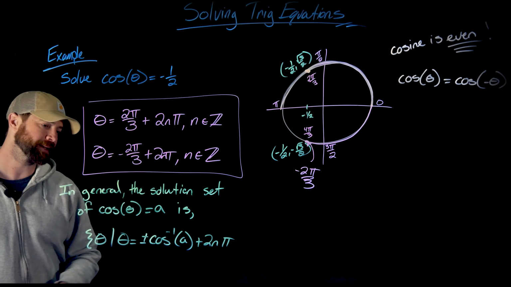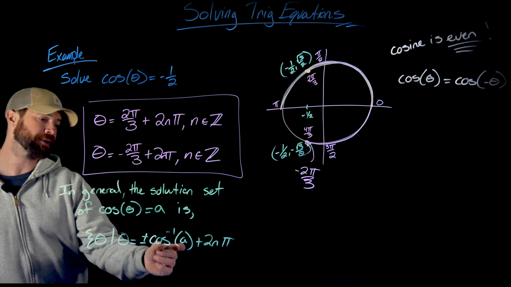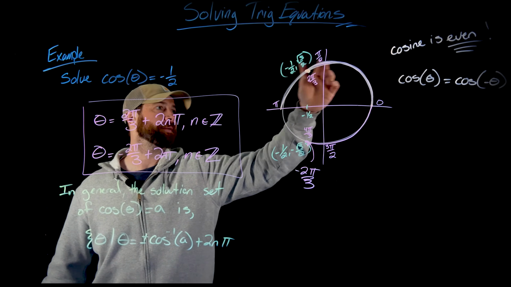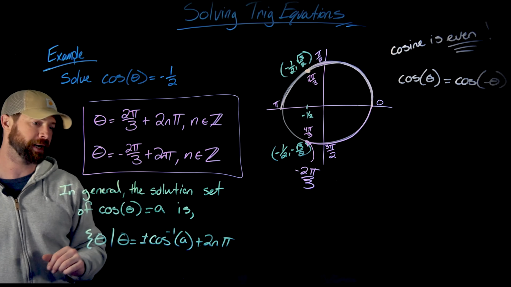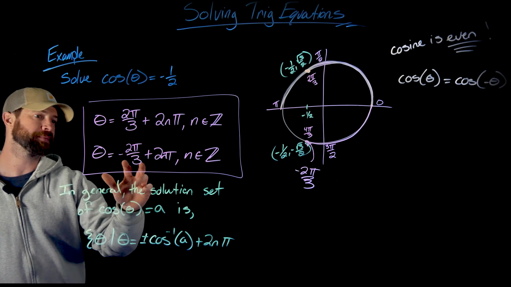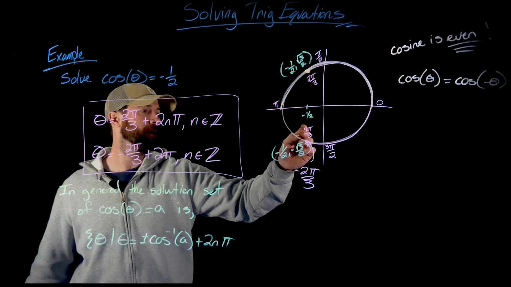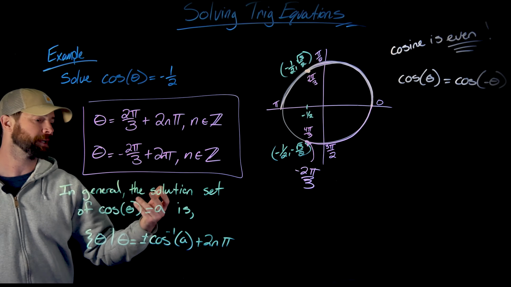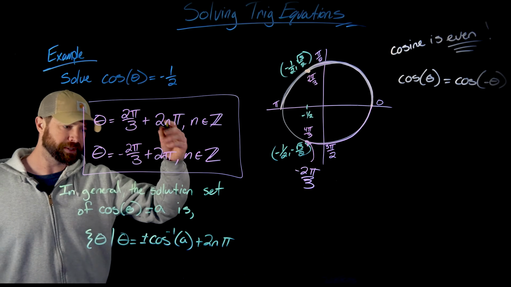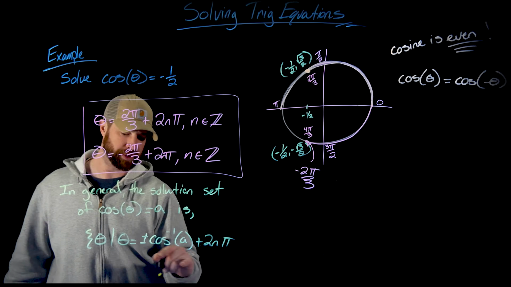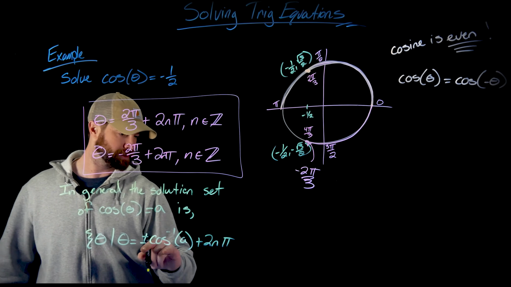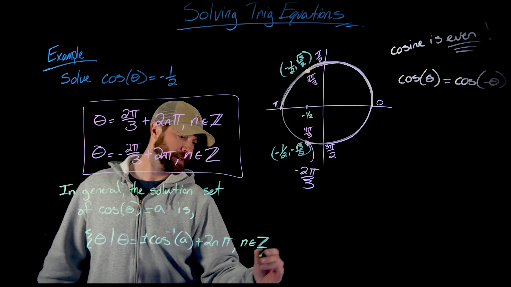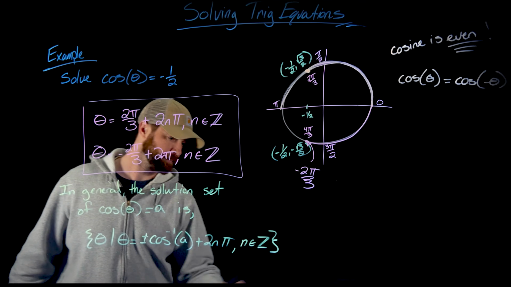And just to relate this back to the earlier statement, the cosine inverse of A is going to output a value in the upper half of the unit circle, in this case 2 pi/3. The -2 pi/3 will give us the second part on the unit circle, and these plus 2n pi's are just denoting the coterminal points and trips around the unit circle at both of these spots. And again, this is two different spots, and n is an integer.